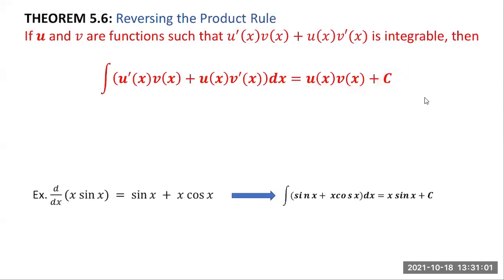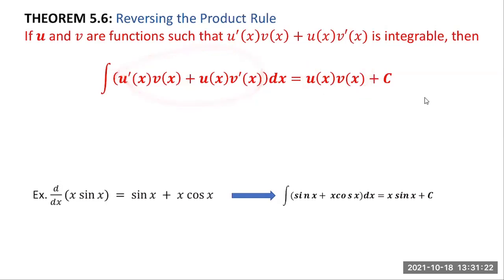Would you believe in this formula? This formula is obviously true because this is an antiderivative of this function. As you can see, if you differentiate this function, you exactly get this function. That means this is an antiderivative of this function.